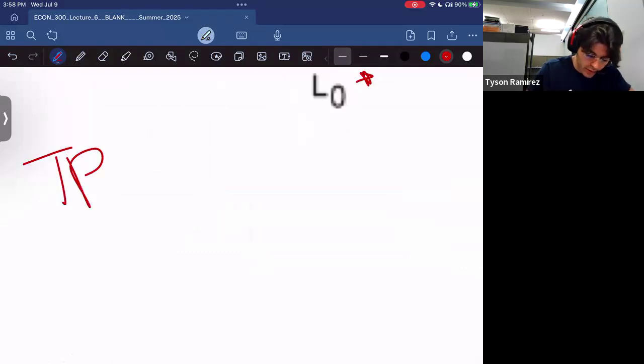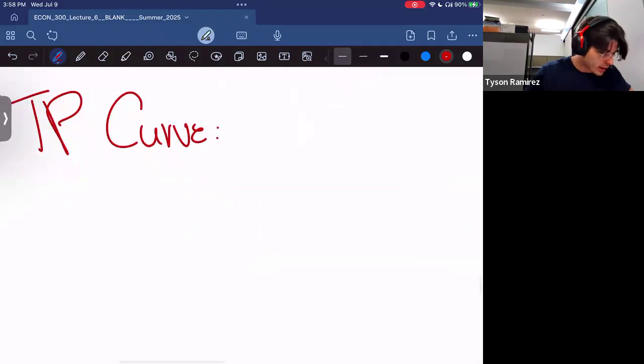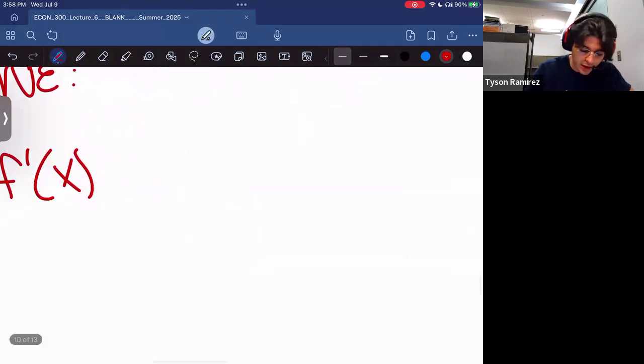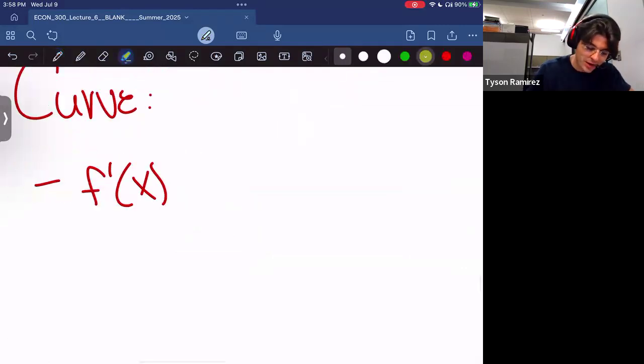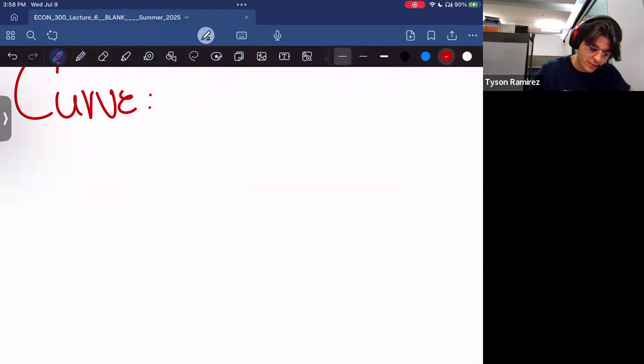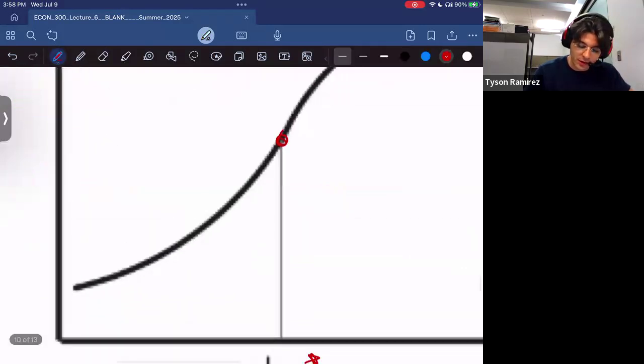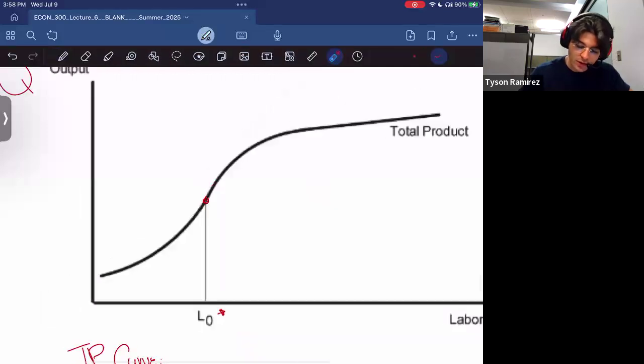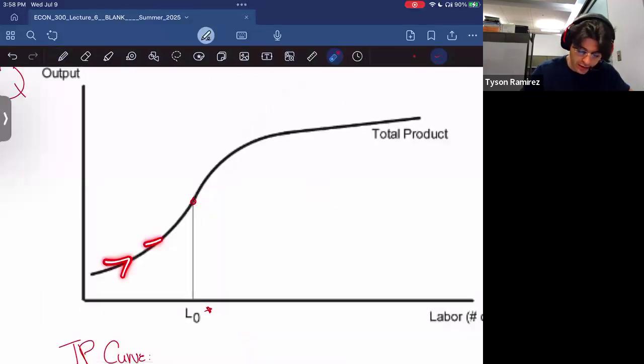So for this total productivity curve, notice the whole time, remember, this is an increasing function, so the derivative is always positive.